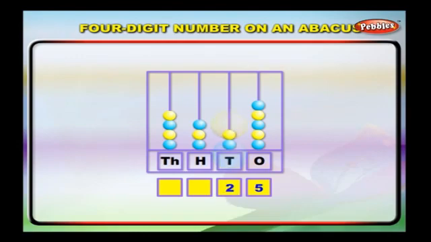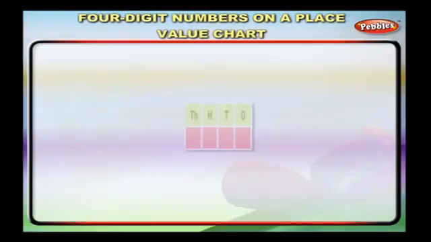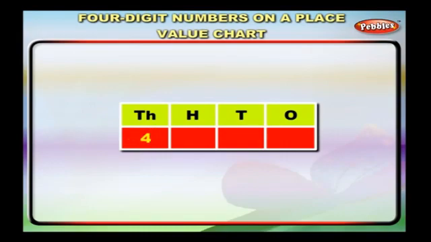We have 2 beads in the tens column. We have 3 beads in the hundreds column. And we have 4 beads in the thousands column. The same numerals may be written in the place value chart like this: 4,325.